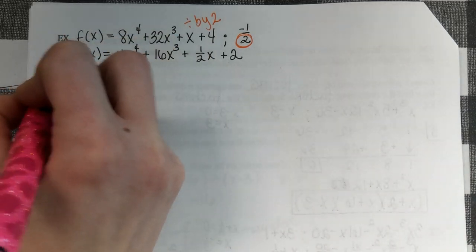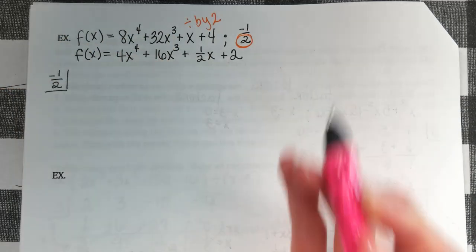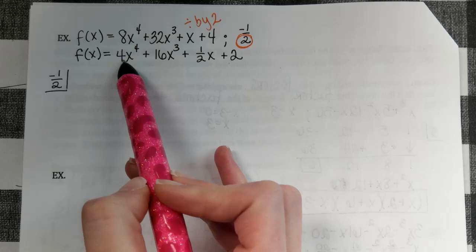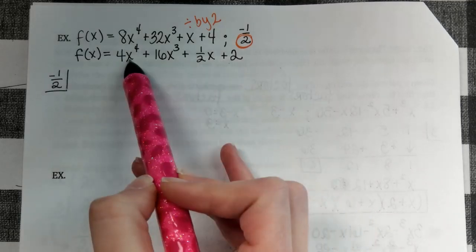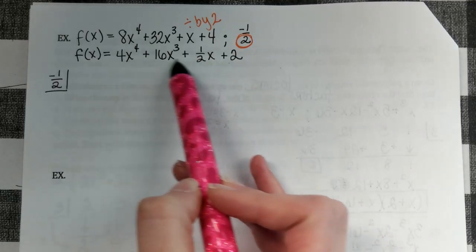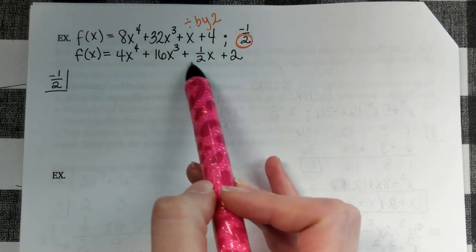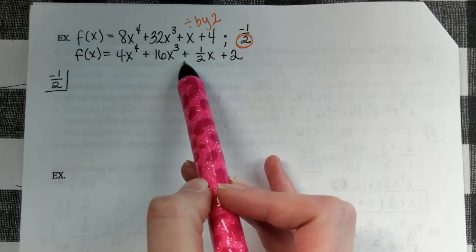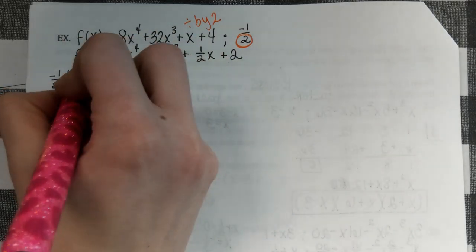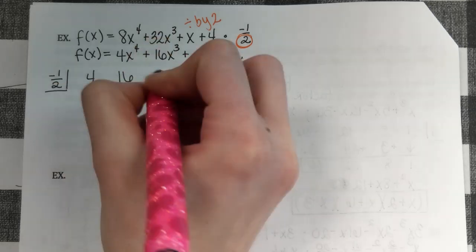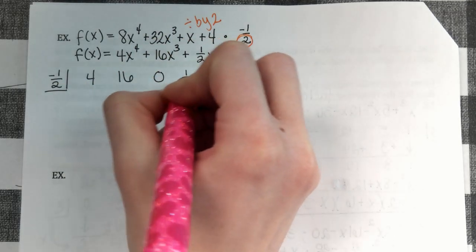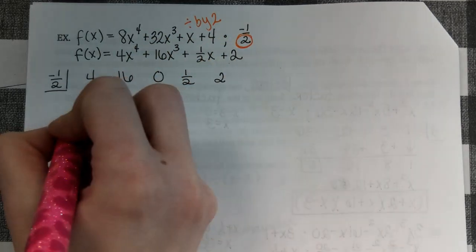So I take that negative 1/2. When I bring down my coefficients, what do I need to also account for? The missing term for 0x squared. Okay, so I'm going to have my 4, my 16, my 0, my 1/2, and my 2.